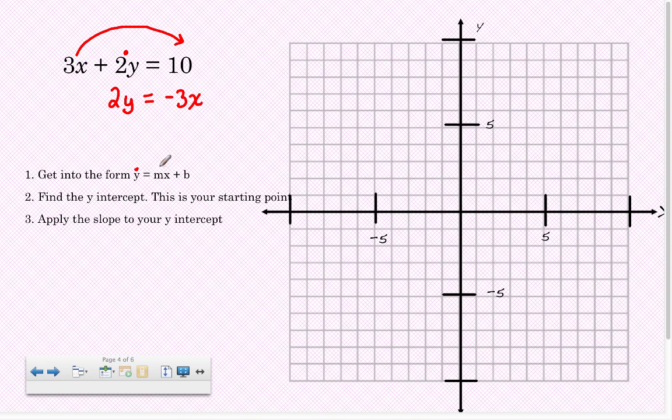And I'm going to put it where I want it, leading. This was 10, so it's +10. I'm still not in the form y equals. Here, this is the form 2y equals. So I have to divide by 2, and if one gets divided by 2, they all get divided by 2. Y equals -3 divided by 2 I can't do, so I leave it as a friendly fraction. 10 divided by 2 is 5. Hey, that wasn't that hard. It just took me a couple extra steps.